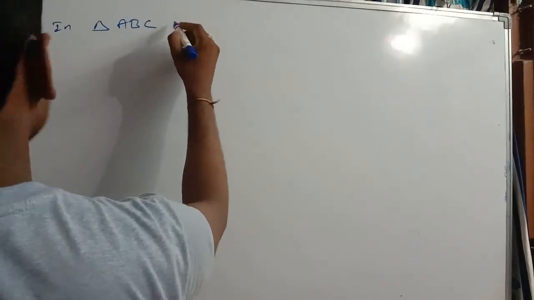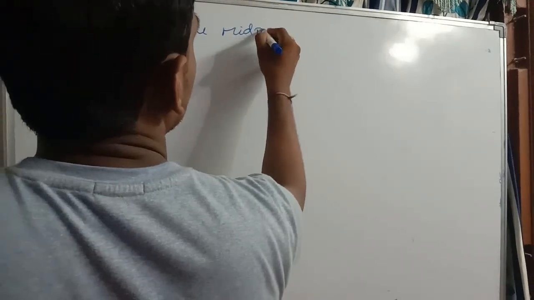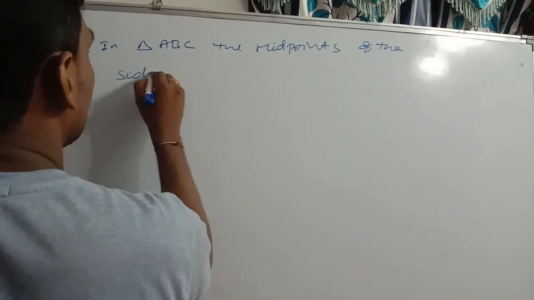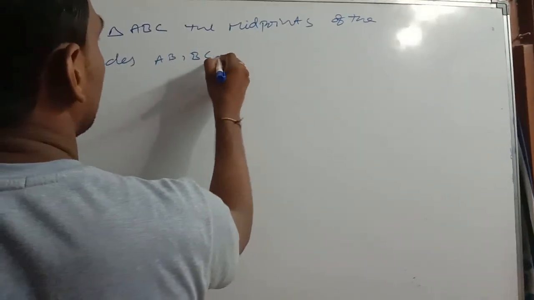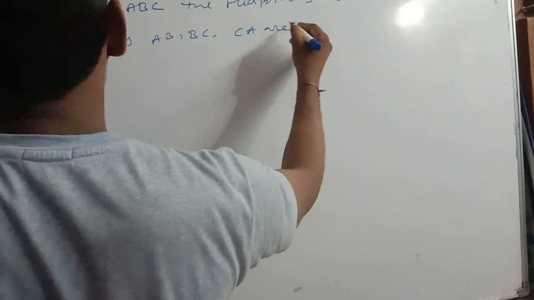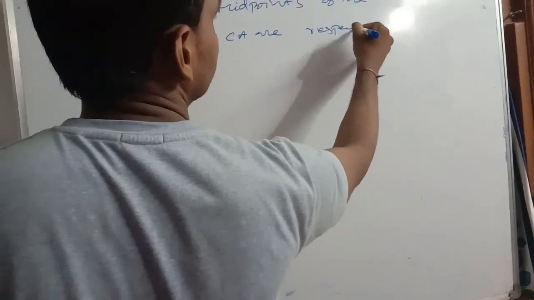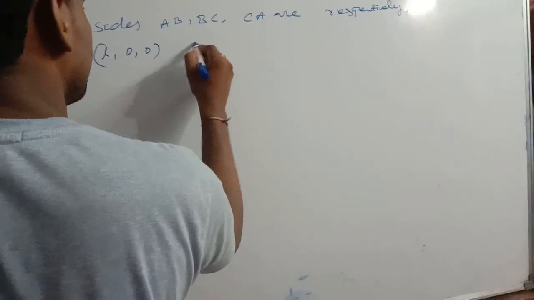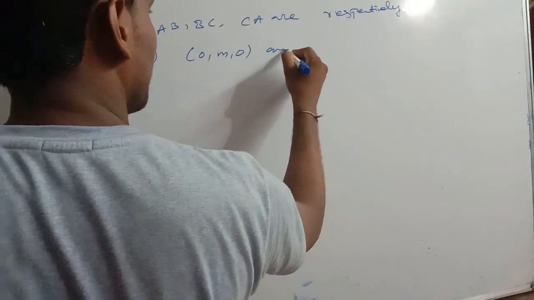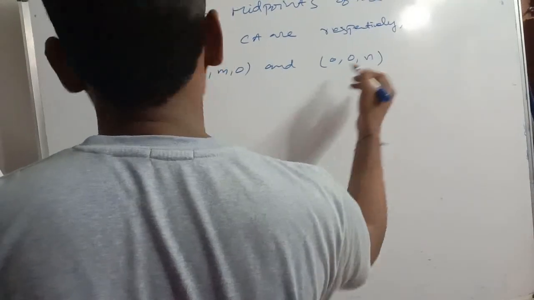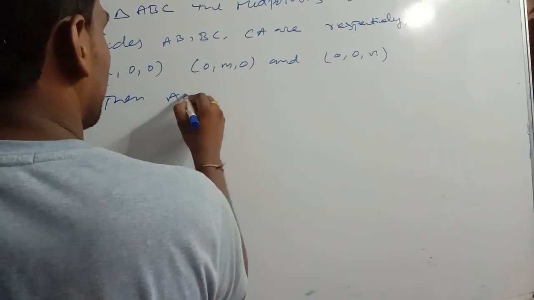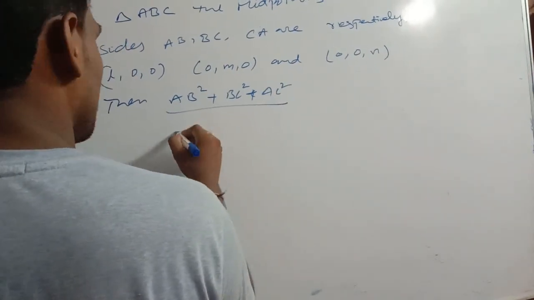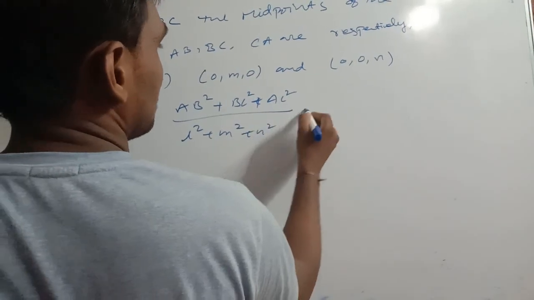See the midpoints in a triangle ABC, the midpoints of the sides AB, BC, CA are respectively L, 0, 0, 0, M, 0, and 0, 0, N. Then AB square plus BC square plus AC square by L square plus M square plus N square is equal.